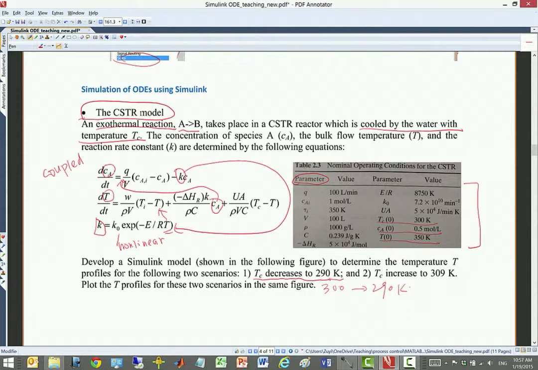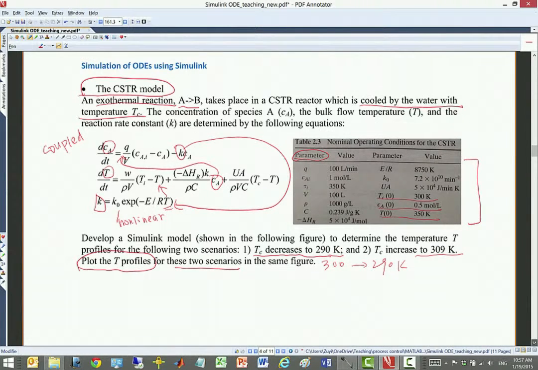This is the first scenario. In the second scenario, TC is increased to 209K. So we need to get the time profile of the temperature for these two scenarios. This is the problem we need to solve.